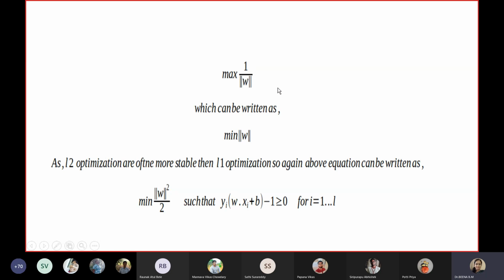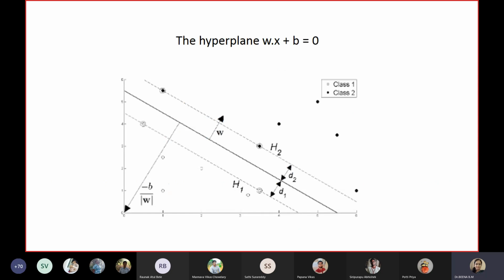So what exactly is w here? What is w? W is normal to the plane, right?